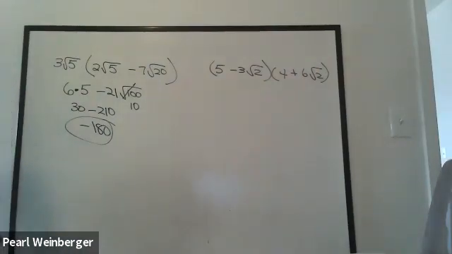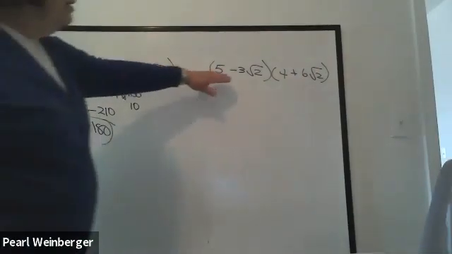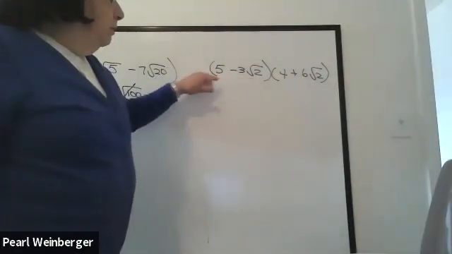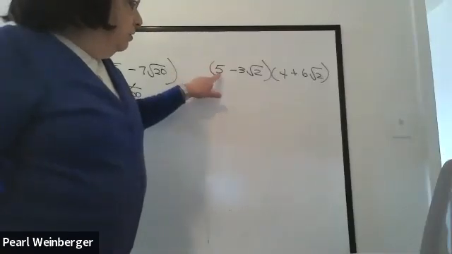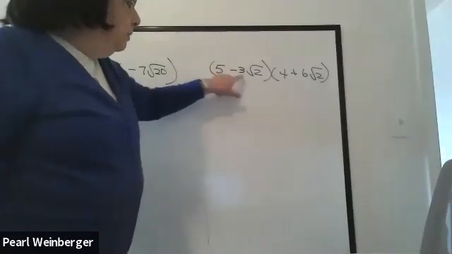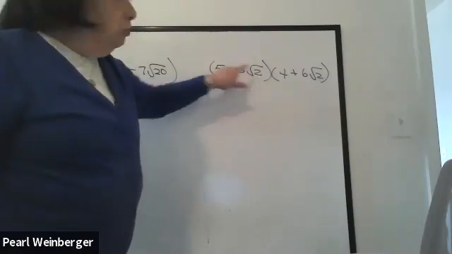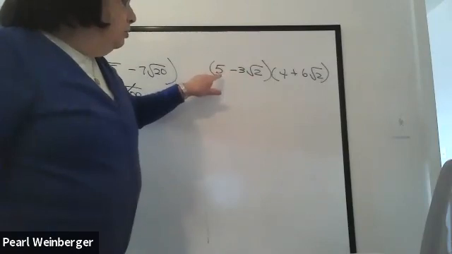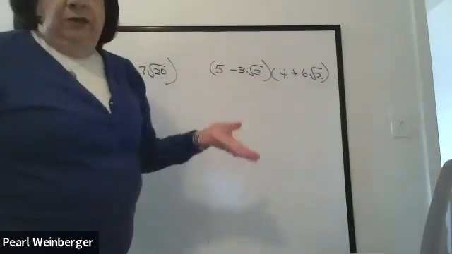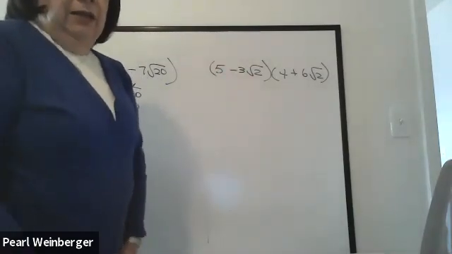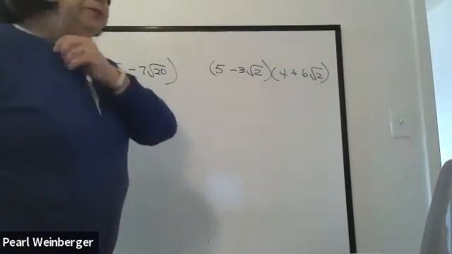These can't be combined. Don't make the mistake. The 5 minus 3 cannot be combined because the 3 is attached to a radical 2, and the 5 is not. It's sort of like having a 5 minus 3x. They're not like terms. These are not like radicals.